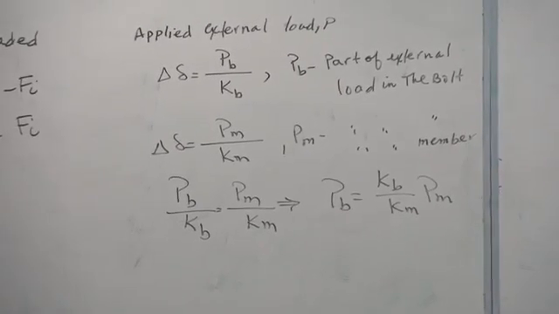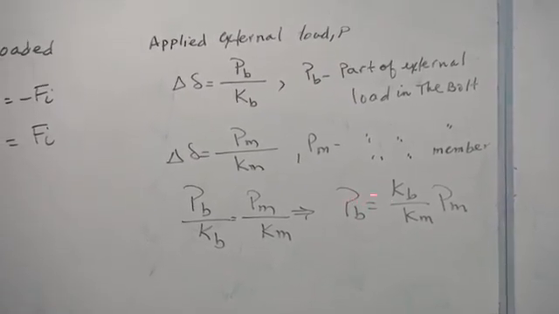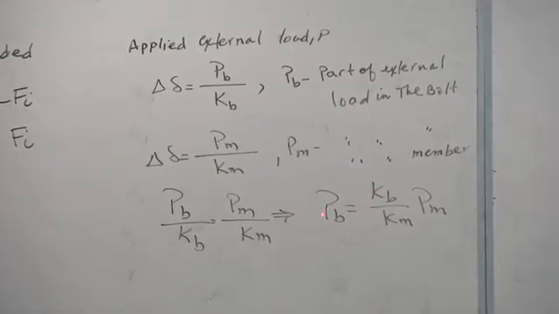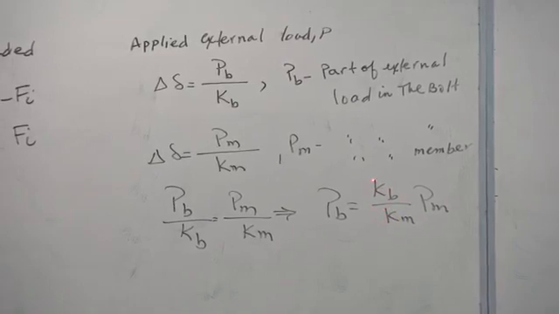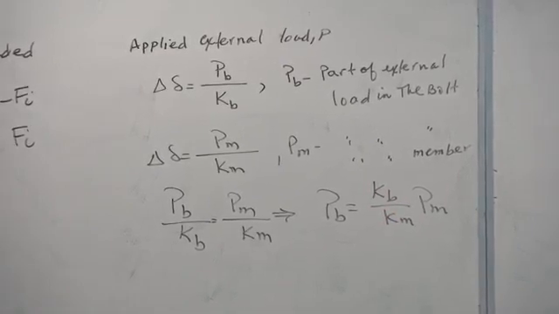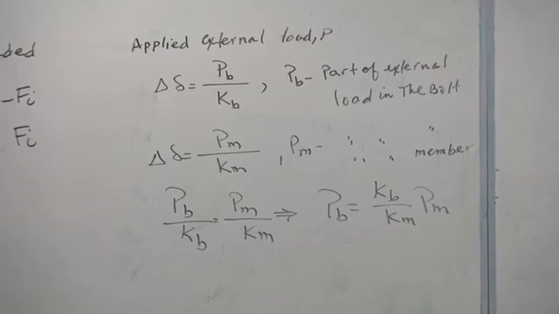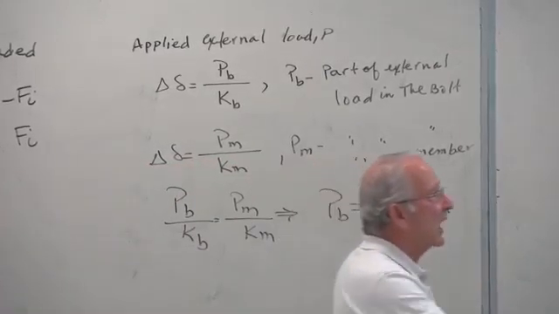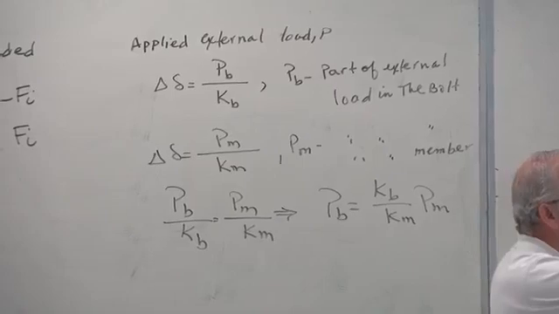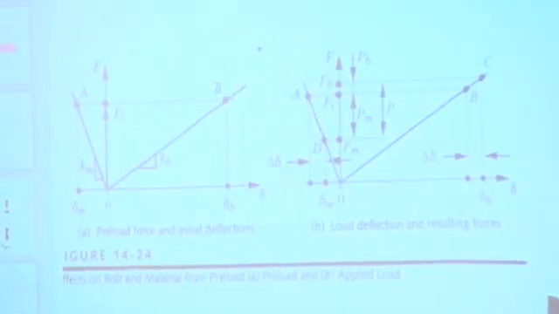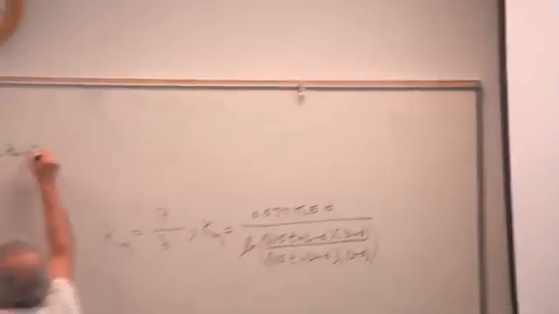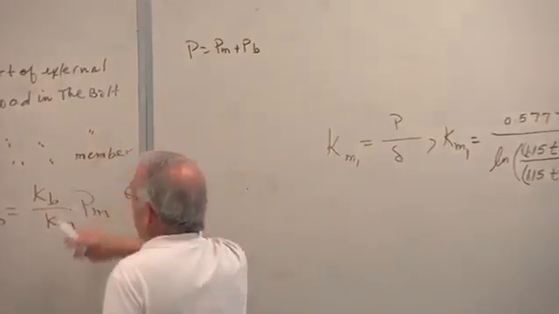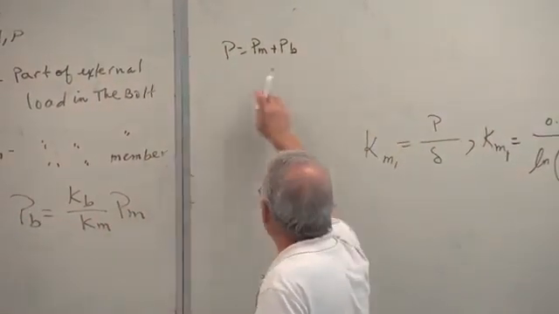And as you can see, the part of the externally applied load that goes into the bolt is related to the ratio of the stiffnesses of the bolt and the member. We do know, however, that if we add these two, because that's all we had, we applied an external load P. If we add PM and PB, we ought to get P. So P equals PM plus PB. And we substitute for PM over here.